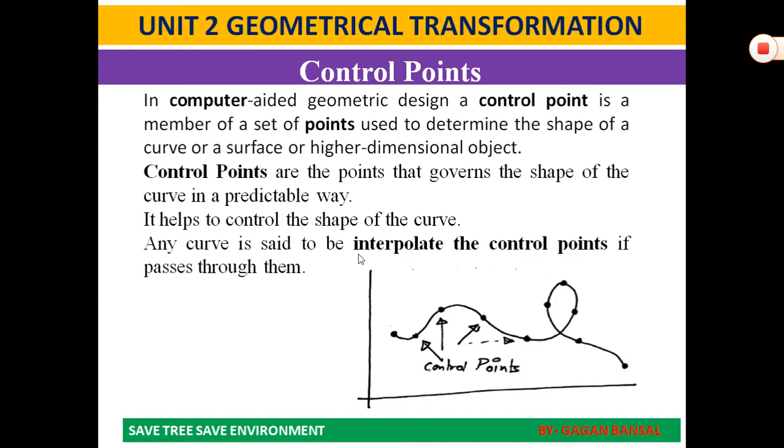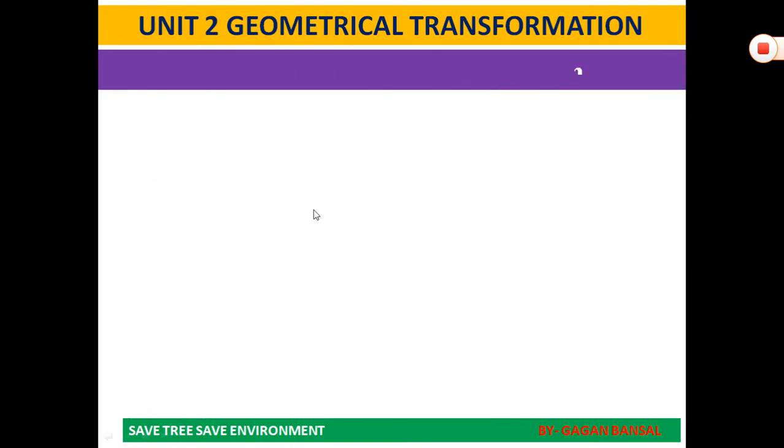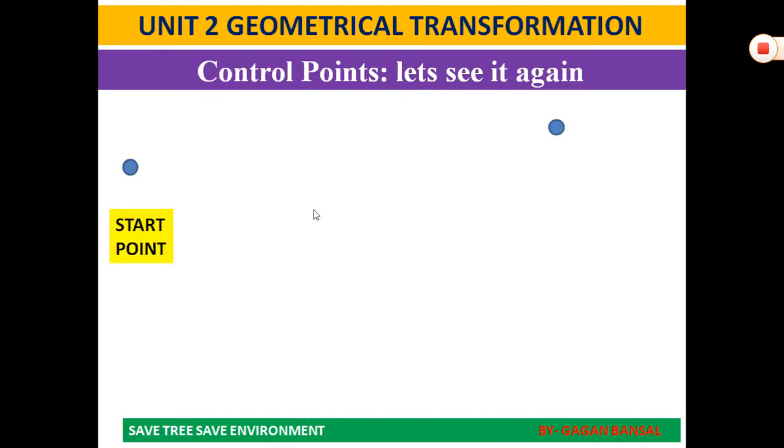Any curve is said to interpolate the control points if it passes through them. We will study what is interpolation, everything. So let's see what exactly the control points are. Suppose we have a start point and end point, and I have drawn a curve. Say we have any curve which has this kind of predefined shape.